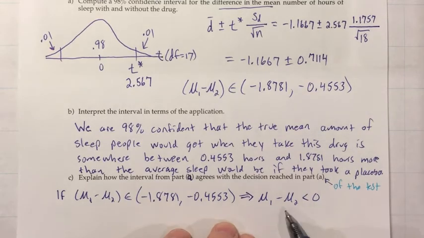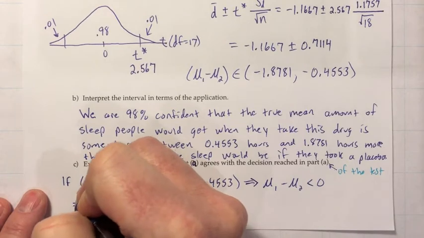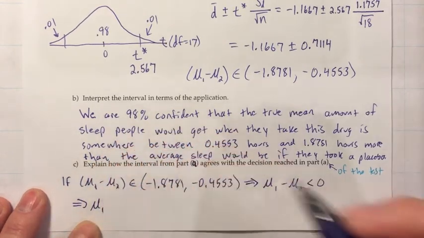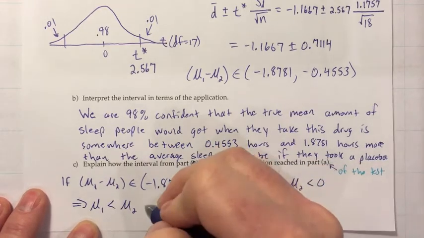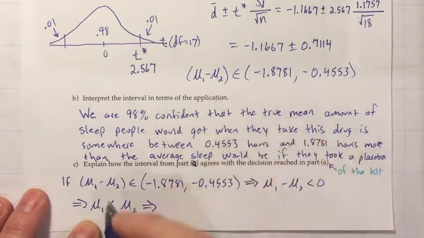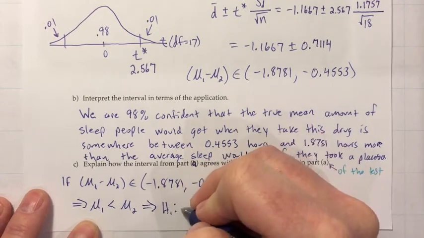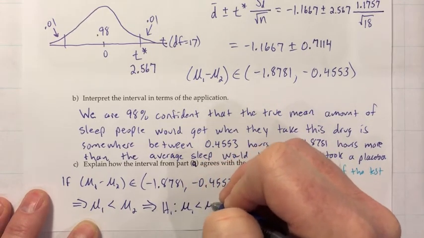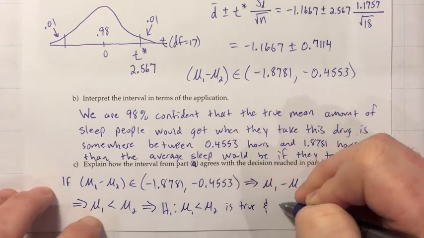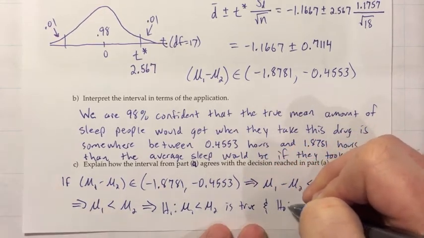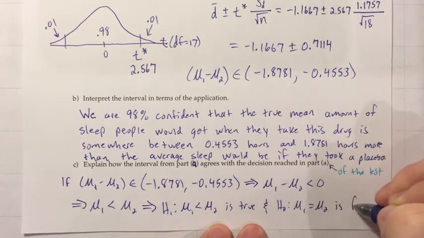And we can do a little bit of algebra and add mu2 to both sides of that and say that implies that mu1 is less than mu2. And if you think about it, that was our H1. So that implies H1, which said mu1 is less than mu2, is true, and that H0, which said that mu1 was equal to mu2, is false.